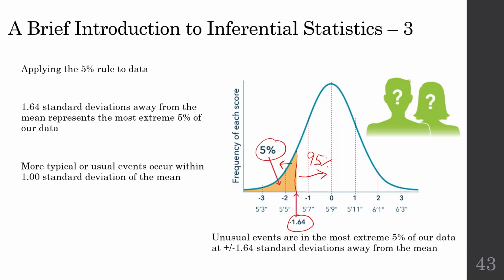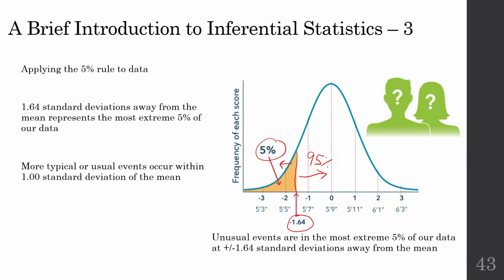So that's that 5% rule that we talked about. And so we're looking to see if something is inside that range. Well, it's pretty unlikely that it would have occurred naturally, and instead is likely due to whatever manipulation we placed onto our data.